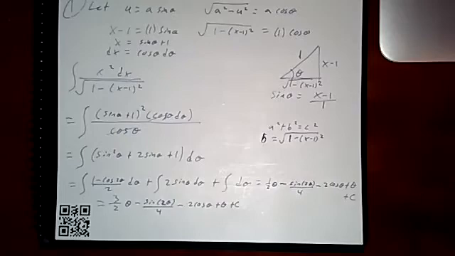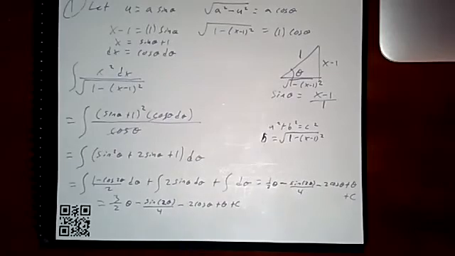I'm going to have to rewrite some of this on the next page because I'm not going to remember all that. So right now we have 3/2 theta, right? Minus sine 2 theta over 4.